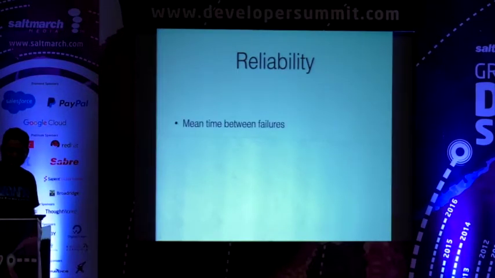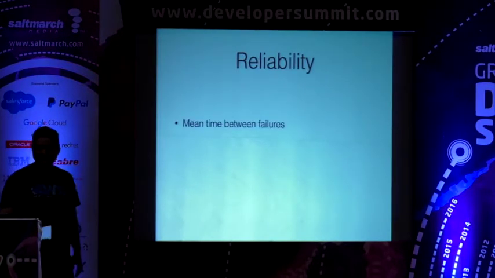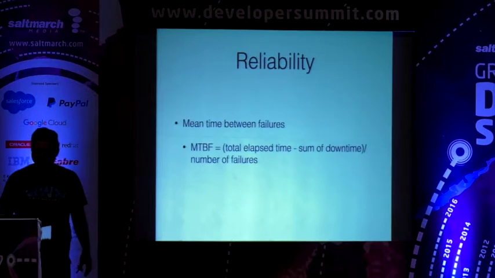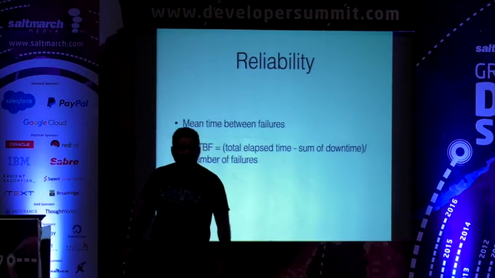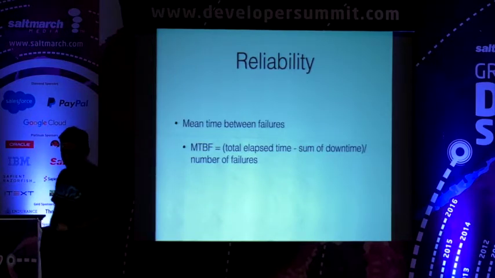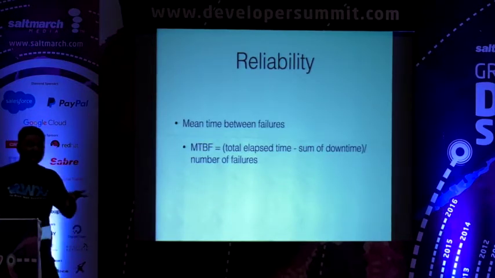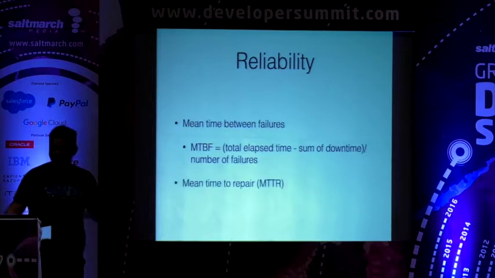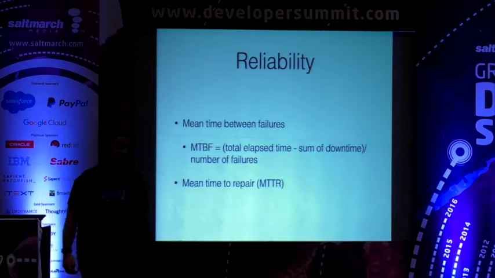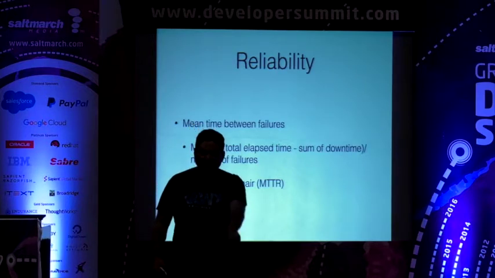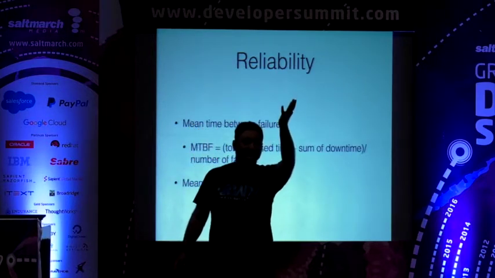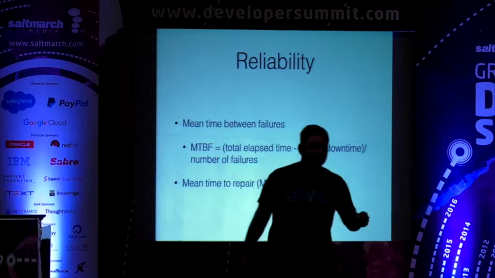Of course, reliability is important, where you're looking at mean time between failures, where you take total time spent minus the sum of the downtime, and come up with the mean time between failures. And that's not the important thing. The important thing is the mean time to repair. When you build your application, how fast can it come back up if you lost the data?